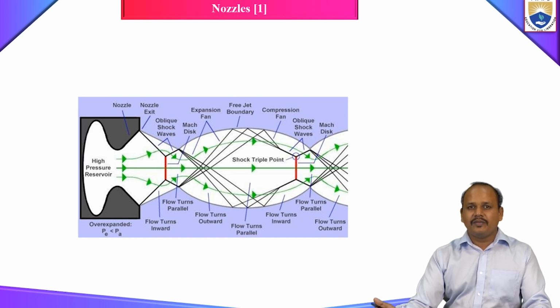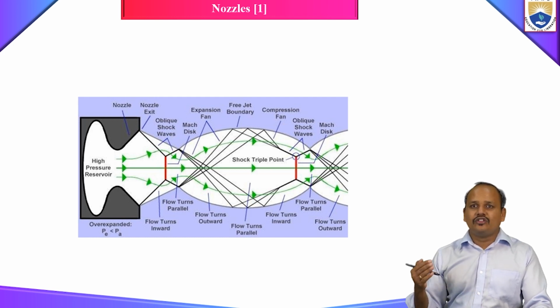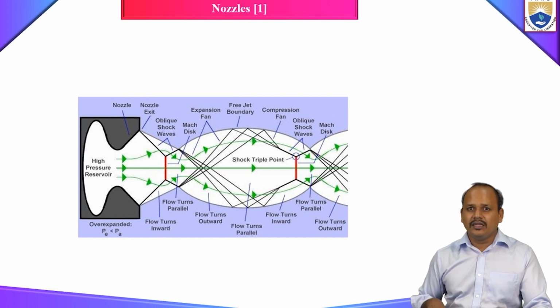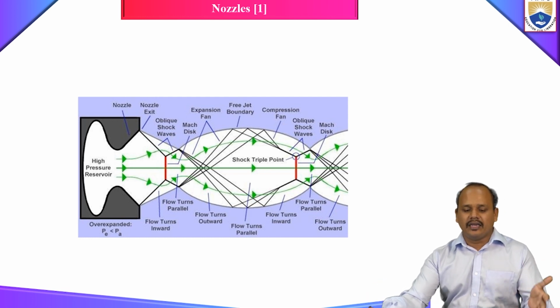Because of this underexpanded or overexpanded condition, you will have the formation of shock cells, or diamond shock cells, at the nozzle exit. This diamond shock cell pattern will result in a huge IR radiation.